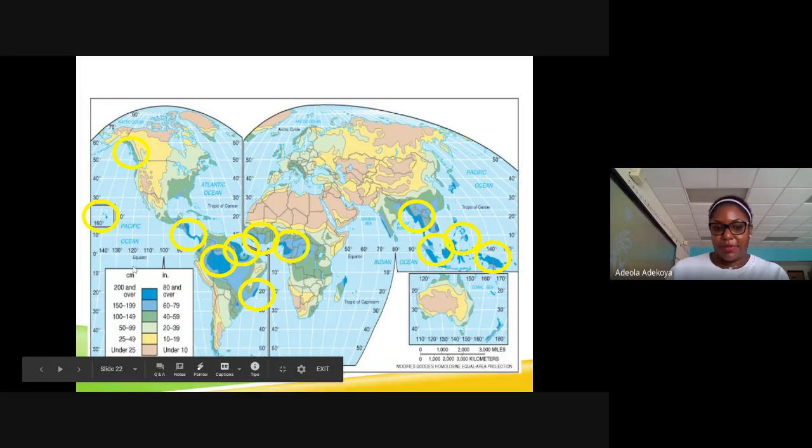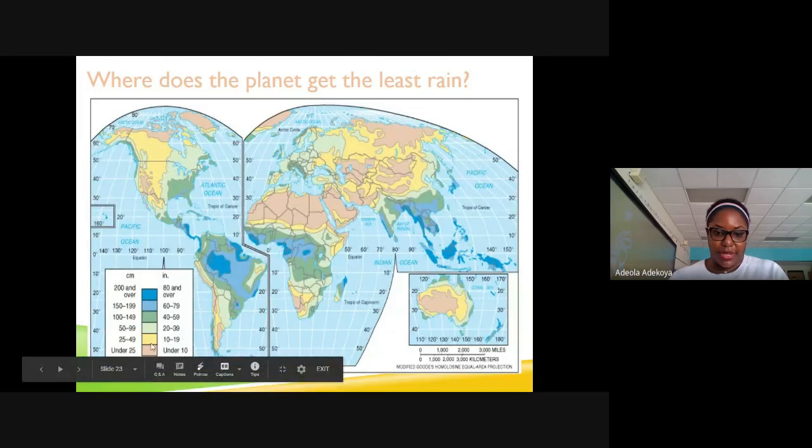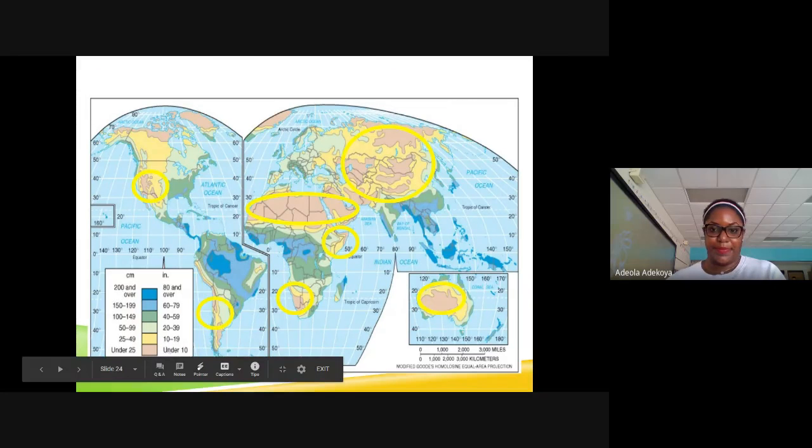This is the number of centimeters or inches of rain that the place gets. So the areas with blue or deep blue have the most amount of rain. Where does the planet get the least rain? Areas that are pink would get the least rain. So those areas are going to be like deserts.